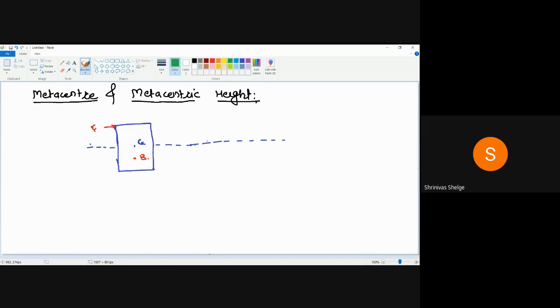Due to the small amount of force, suppose this body gets displaced like this one.